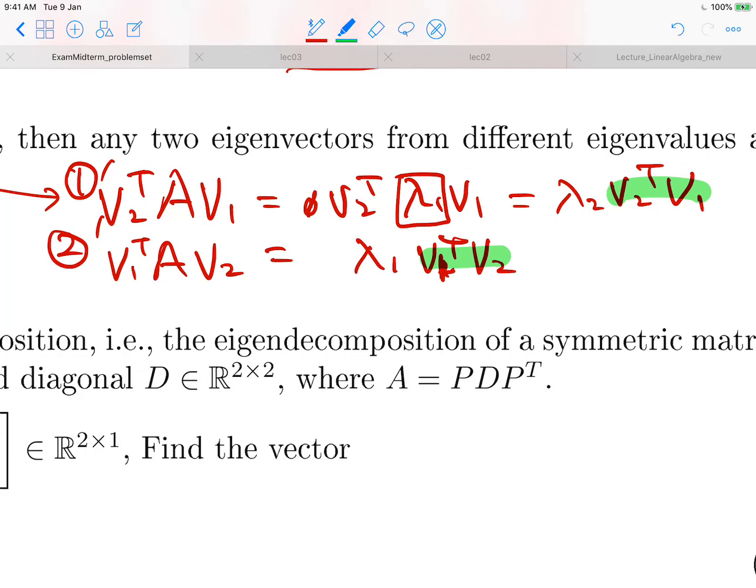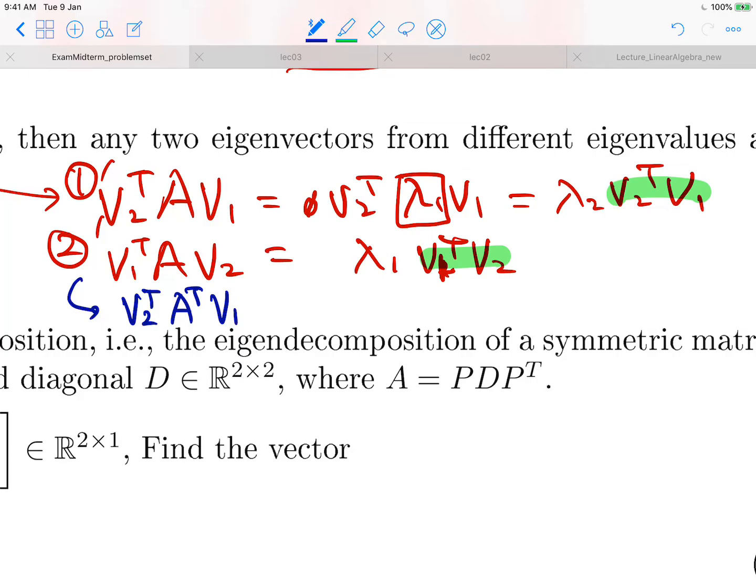So let's apply the transpose to, for example, the second equation. V2 transpose, A transpose, V1 is our transpose result, right? We reverse the order and then apply the transpose.